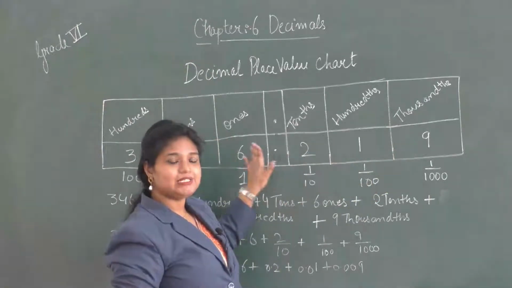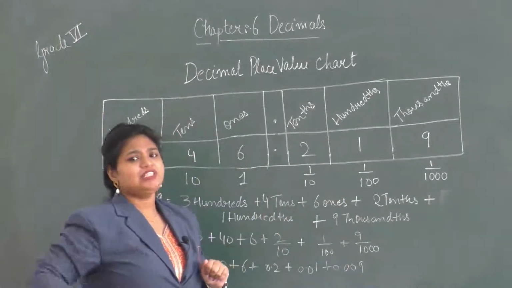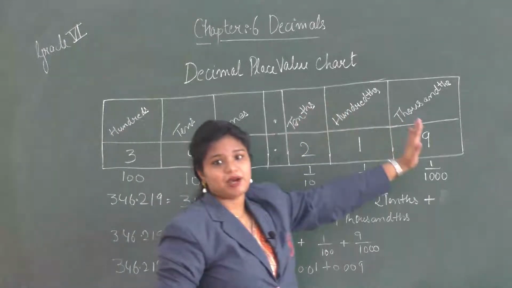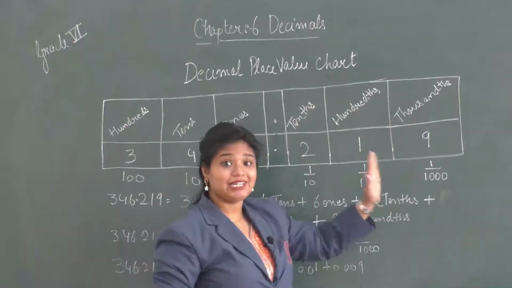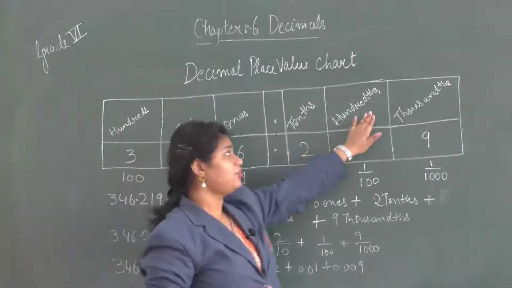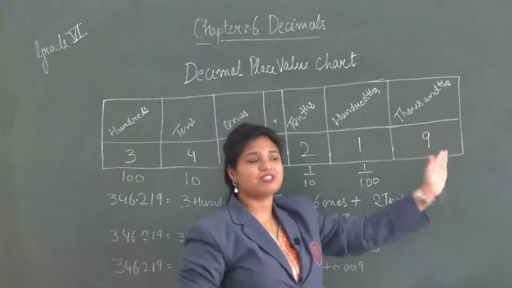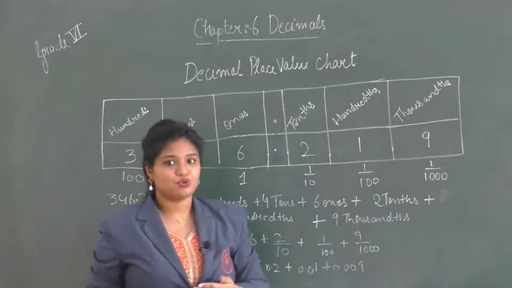So the decimal point is separating the whole number part and the decimal part. Now let's talk about the place value chart of the decimal part. So here we have tenth, 100th and 1000th, and it also further moves as 10,000th and so on.